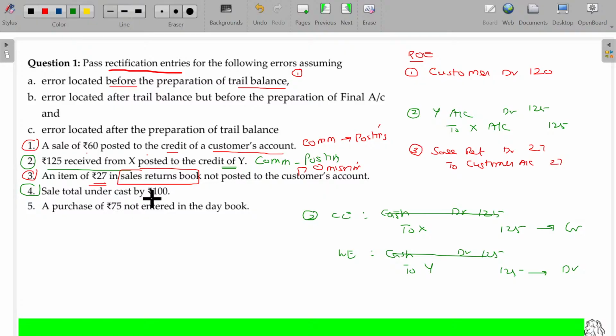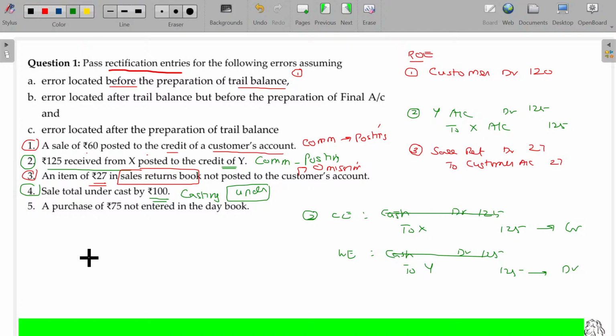And fourth one: sales total undercast by 100. This is a casting error, undercasting error. It is all about totals, which means undercasting. What is the correct entry?